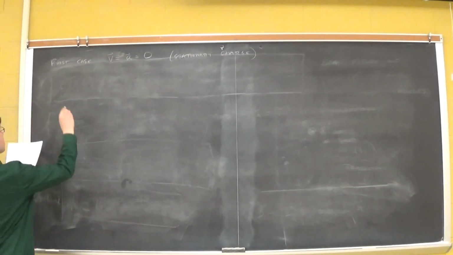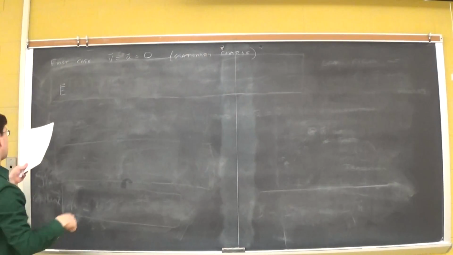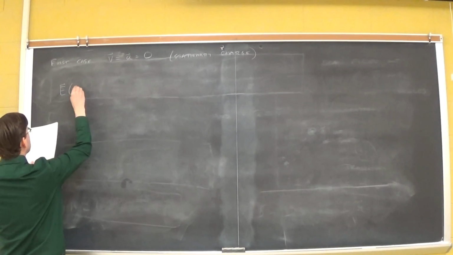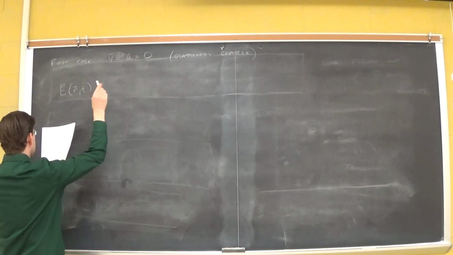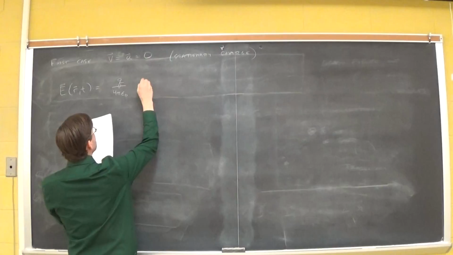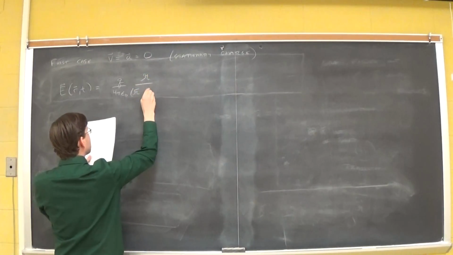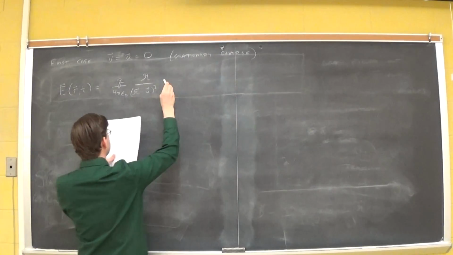If we have a stationary charge, and we plug v equal to a equal to 0 into our electric field expression, then E of R and t is equal to q over 4 pi epsilon naught times curly R over curly R vector dotted into u vector cubed.